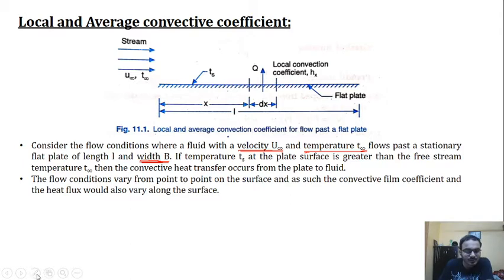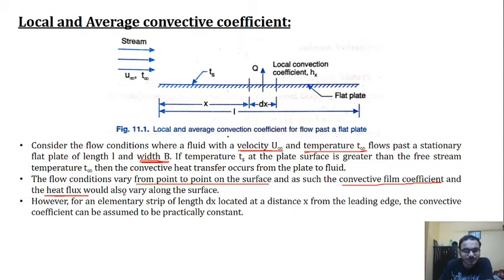In this case, the flow conditions vary from point to point on the surface, and because of that the convective film coefficient and heat flux would also vary along the surface. However, for an elementary strip of length dx, located at distance x from the leading edge, the convective coefficient can be assumed to be practically constant.